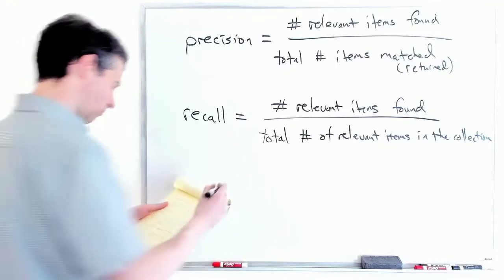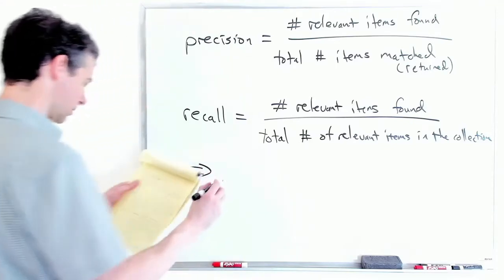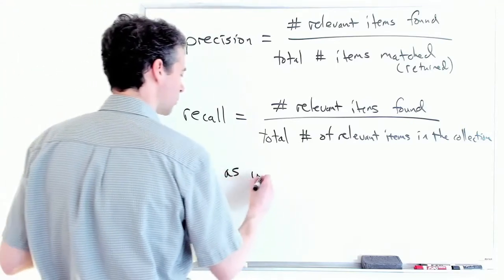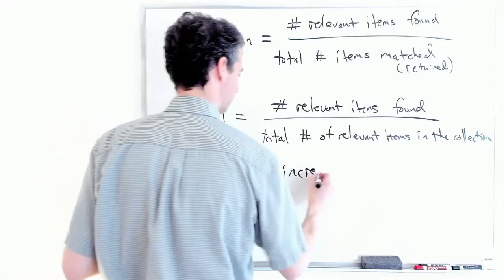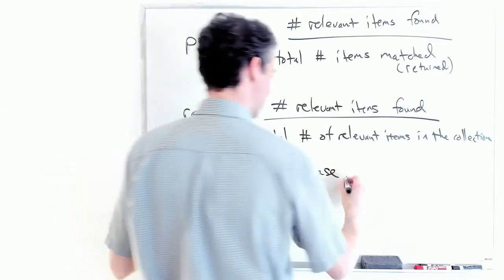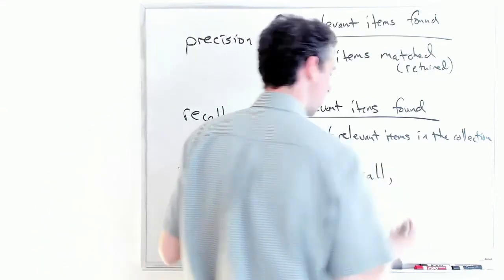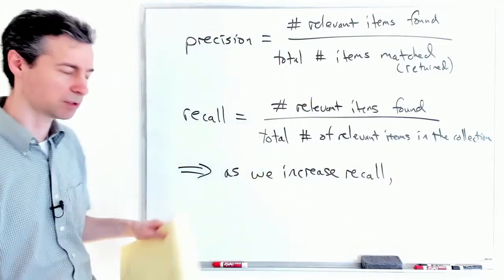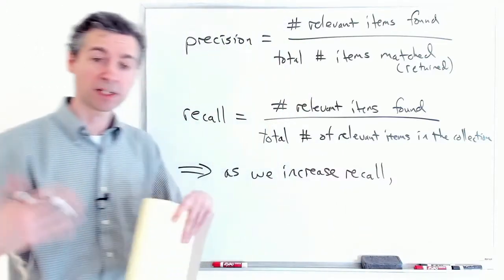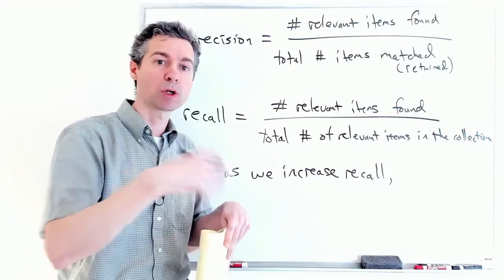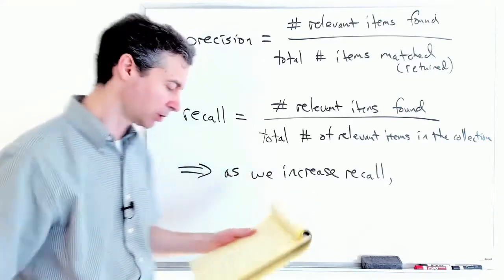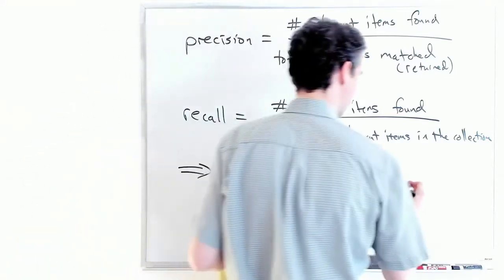So in general, the trend is as we increase recall, so if we work to manipulate a retrieval system to increase recall, and again, that's like the librarian adding more and more subject cards for every single book, we typically lower precision.